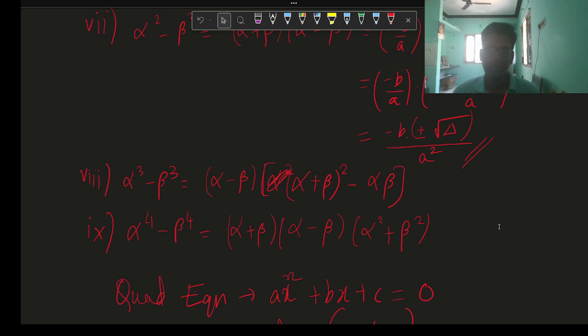So the degree would turn from 2 to 1, and it is not a quadratic equation basically. So the parabola would become a straight line if the coefficient of x square is 0. So we have to note this important point. Ax square plus bx plus c is equal to 0 is the quadratic equation if and only if a is not equal to 0.